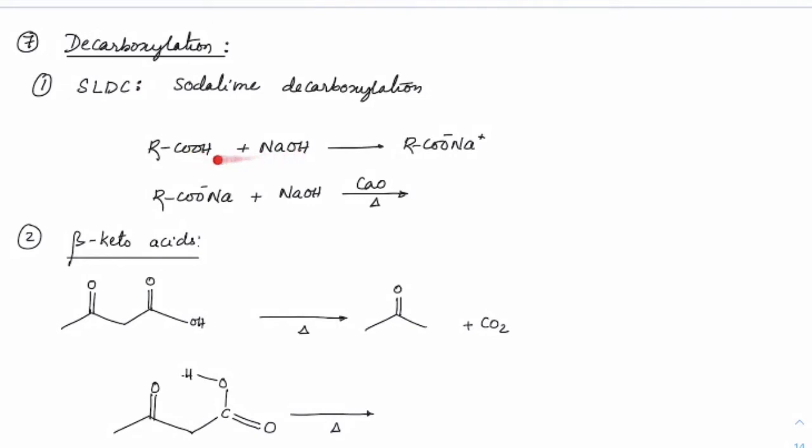When we react carboxylic acid and NaOH, we will get this carboxylate salt. If you further react it in the presence of NaOH and CaO, we saw that it will form RH plus Na2CO3. Mechanism we have learned before, so we don't have to go again and again. This is soda lime decarboxylation.